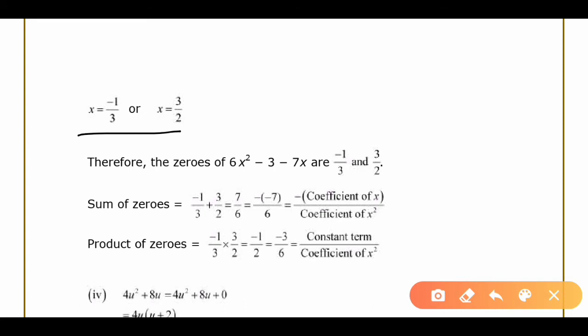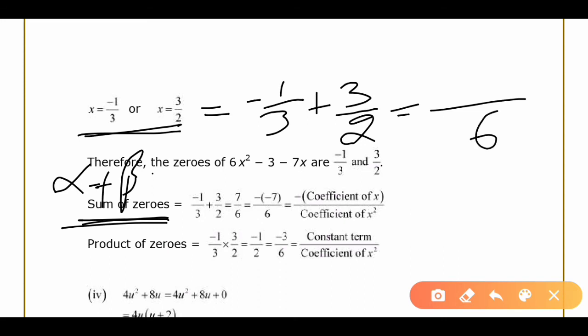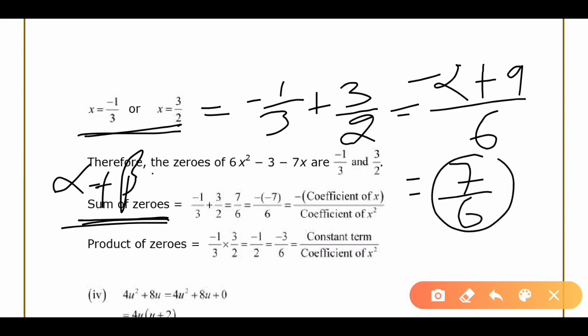Now we'll find the sum of these zeros, that means alpha plus beta. We can add minus 1 by 3 plus 3 by 2. So we'll take the LCM 6, and this will be minus 2 plus 9, which equals 7 by 6. So alpha plus beta will be equal to 7 by 6.